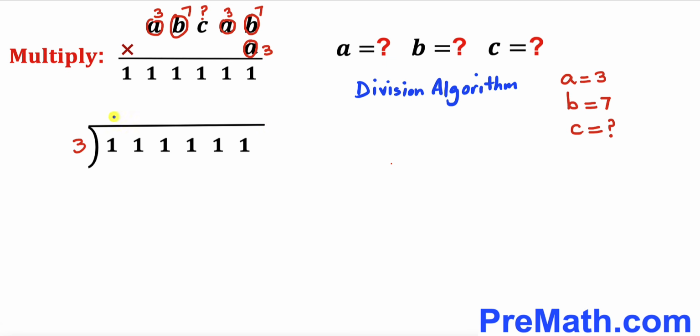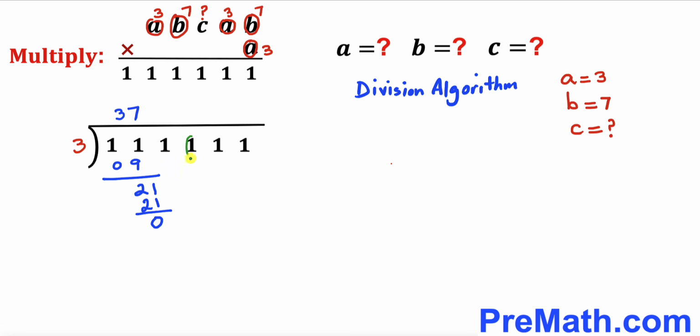If we multiply 3 with 3, we get 9, and if we subtract, we get 2. Now I'm going to bring down this 1. Now we divide 3 into 27, and 3 times 7 is 21, and our remainder is 0.